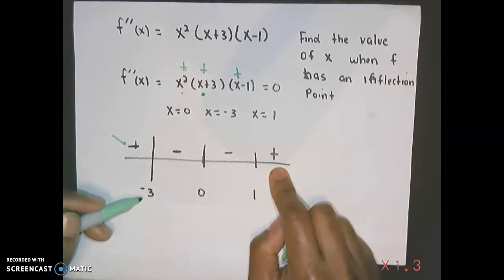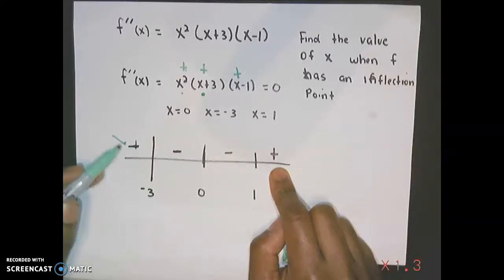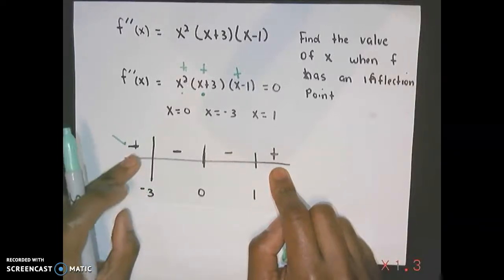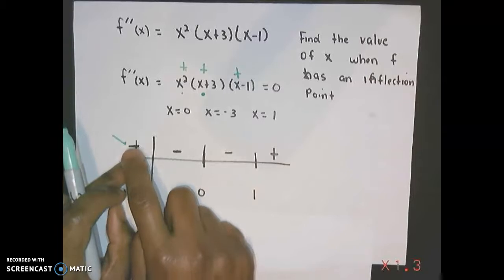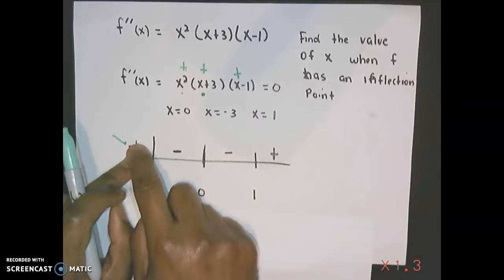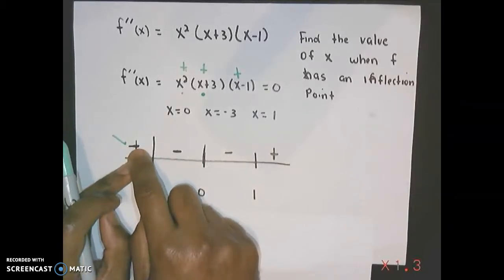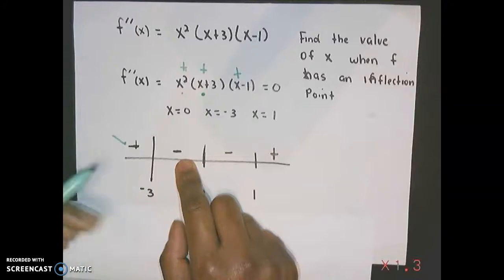So as you can see here, from -infinity to -3, the graph of f is concaving up. But then you can see that the concavity changes from concaving up to concaving down.